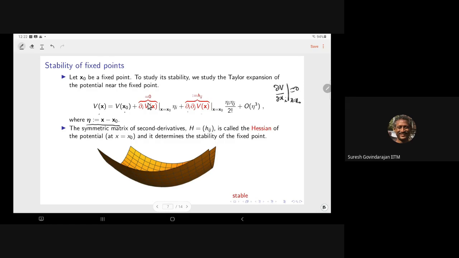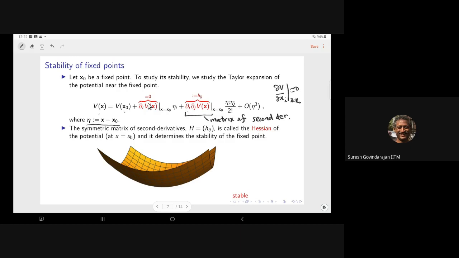But now you see here that because we have multiple directions, we'll have a derivative of matrices. Okay, so this is the matrix. This is clear, and it's a symmetric matrix. What you're doing is di dj of V of x.